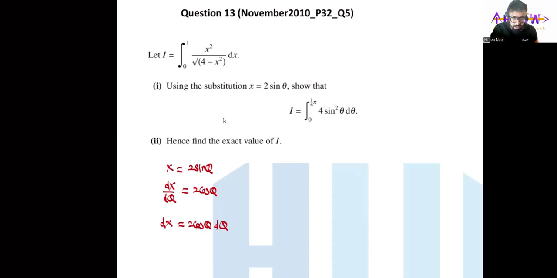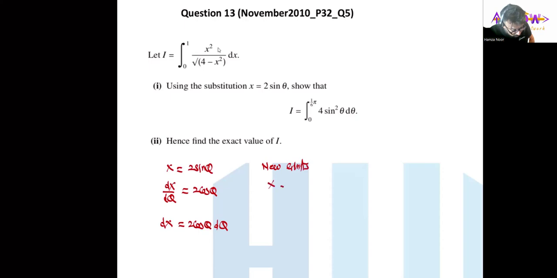All right, and now we are going to find the new limits. Since as we can see the upper limit is 1 and the lower limit is 0, these are for x. So we need the upper and lower limits for theta as well. For that purpose, we are going to use the substitution.